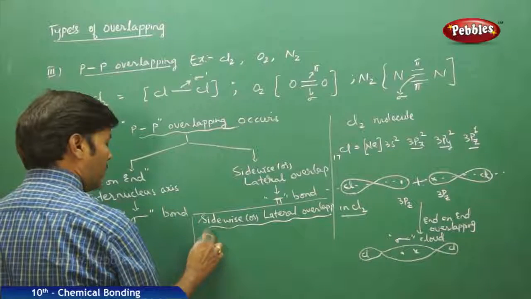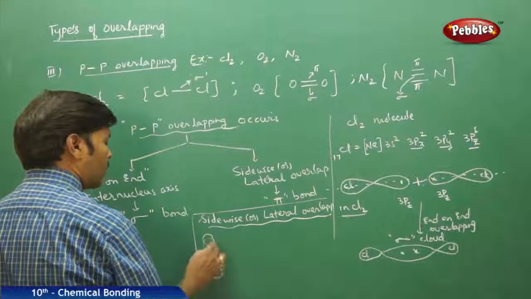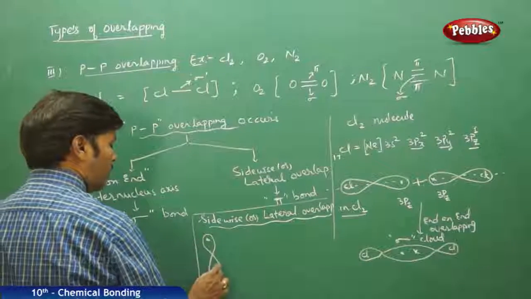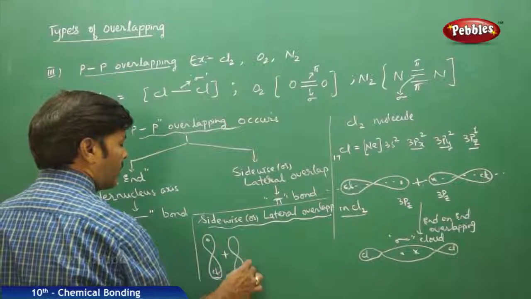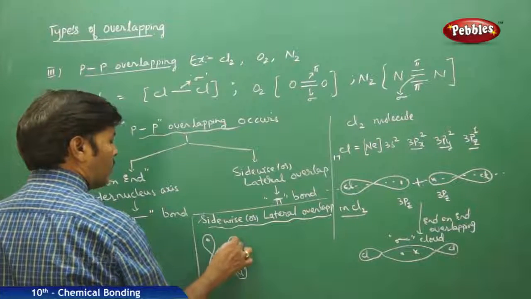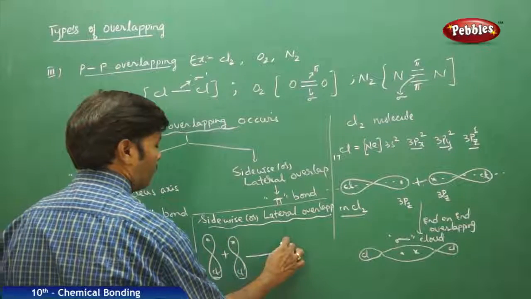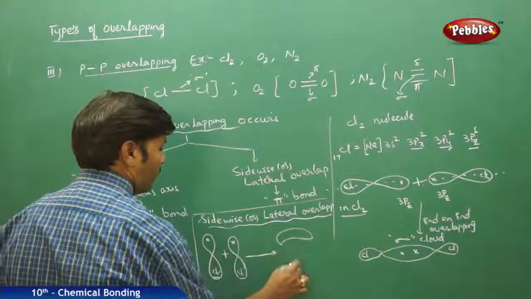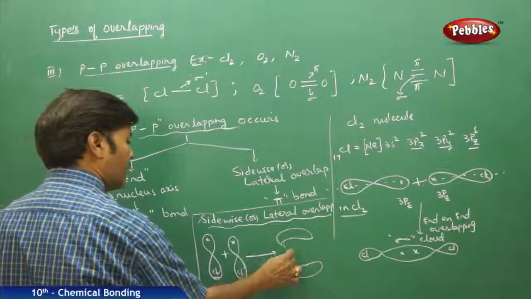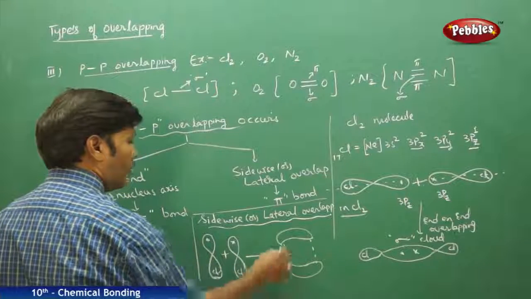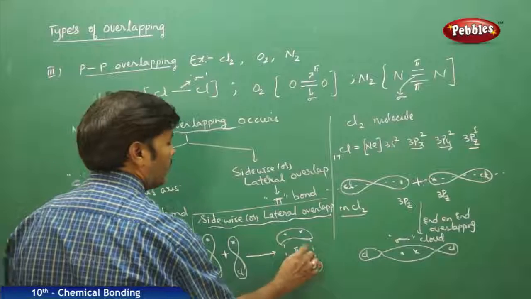So we can take two dumbbell shaped structures of chlorine, first chlorine with an electron, and again the second chlorine also dumbbell shaped with an electron. It can give you this. This is the pi bond electron, this is the pi cloud.